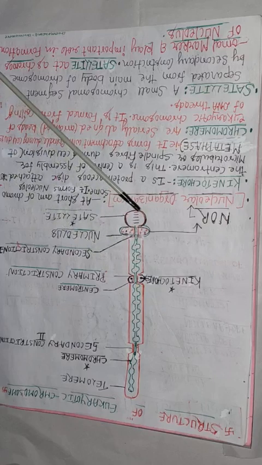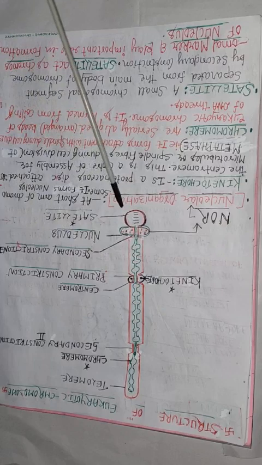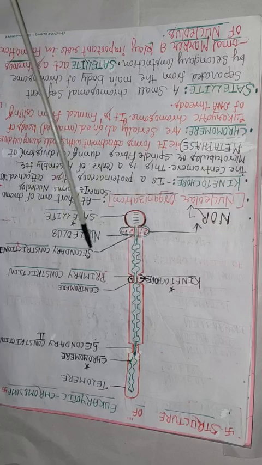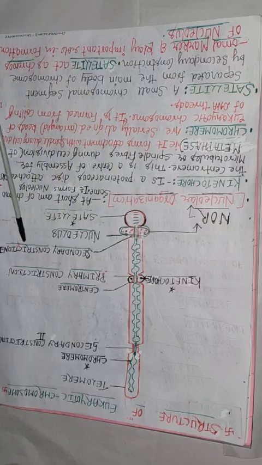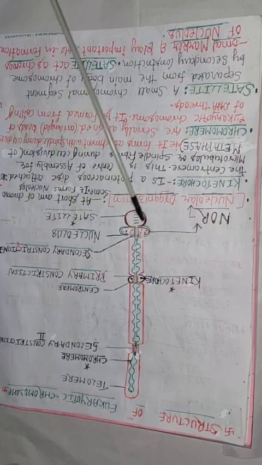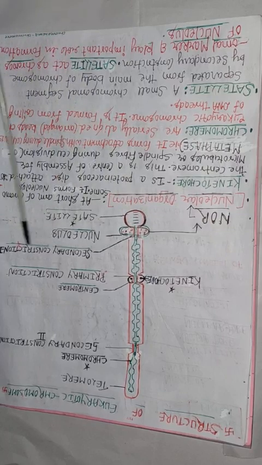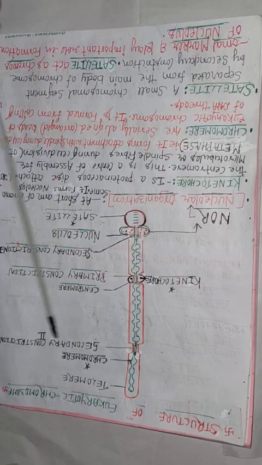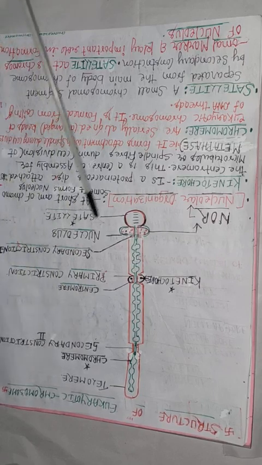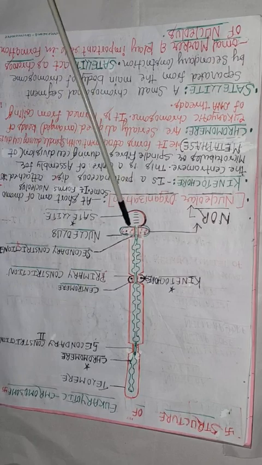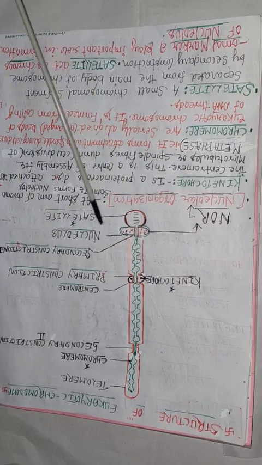And now satellite. Student, satellite is a small chromosomal segment formed due to secondary constriction. This one. Student, this is the first secondary constriction and this is the second secondary constriction, but the satellite is formed due to this first secondary constriction.